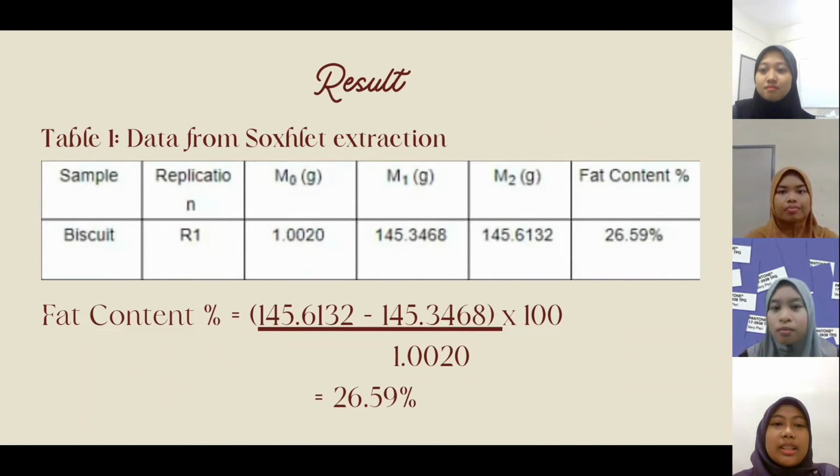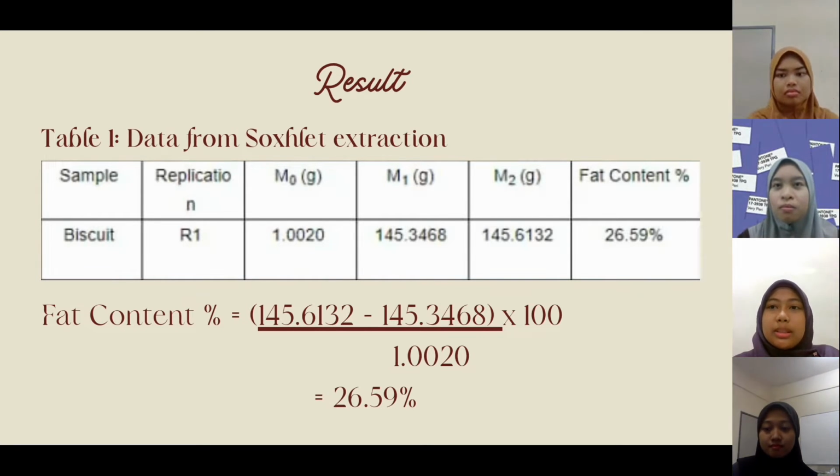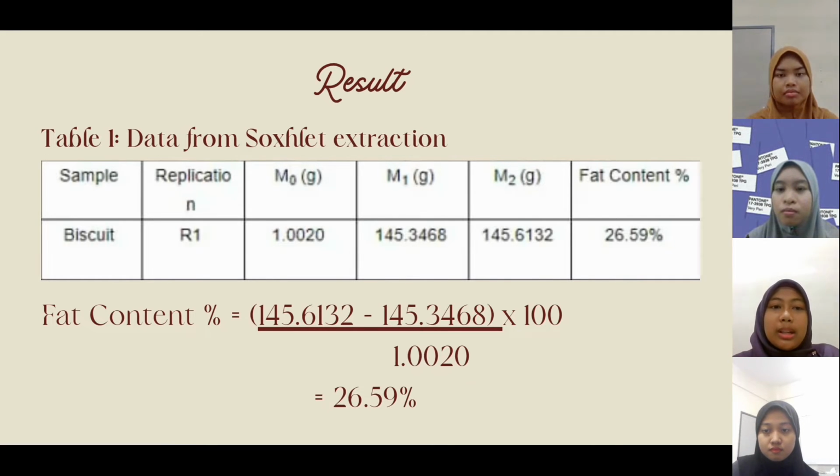So next, this is the result that we got from the experiment. The sample that we use is biscuit. M0 is 1 gram of sample, weighed using an analytical balance. M1 is the weight of the extraction beaker with 3 to 5 boiling stones. M2 is the weight of the extraction beaker with 3 to 5 boiling stones with the fat that we obtain.